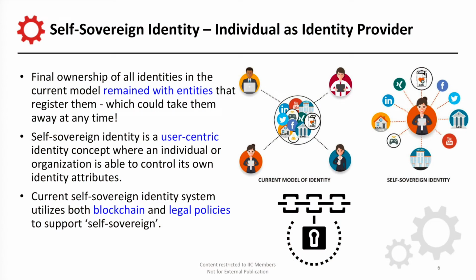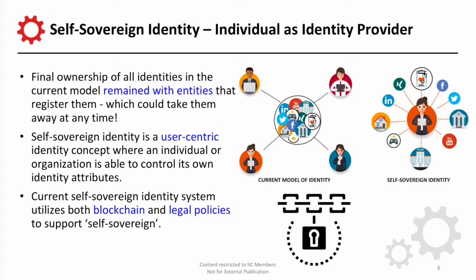The motivation behind this concept is based on the observation that for the current identity systems, the final ownership of the identities remains with the entities who issue them. Self-sovereign identity tries to change that by delivering a user-centric identity concept.